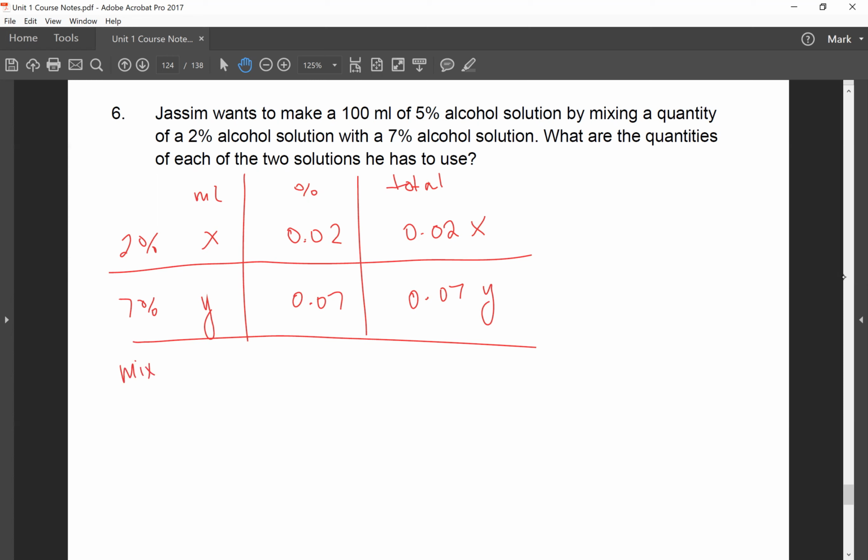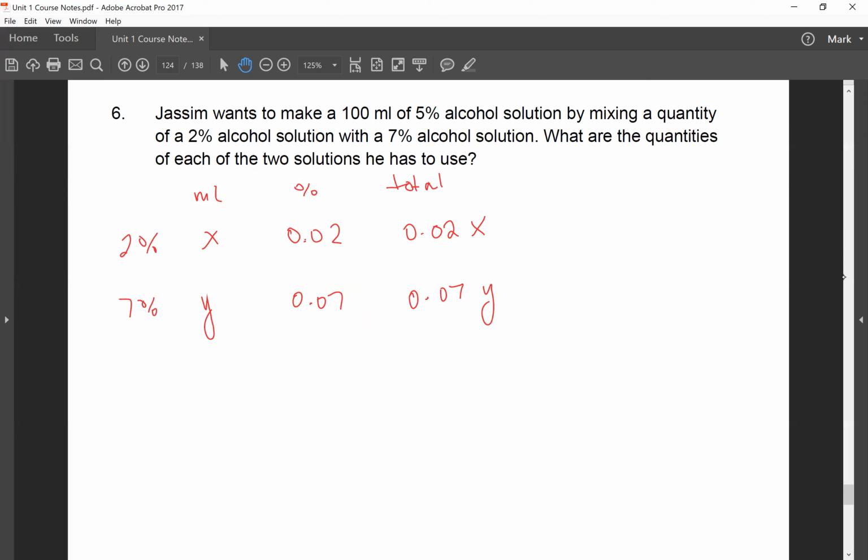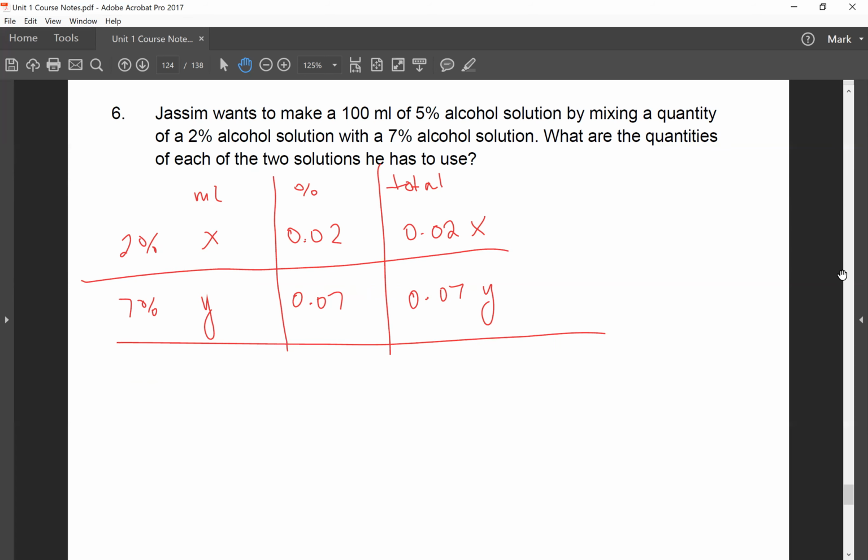So the mixture, and this one's really interesting. This is our main formula for this. I didn't give myself much room. Hold on, I'm just going to clean up my table here. So my mixture, I'm trying to add together X and Y to make 100 milliliters of solution.